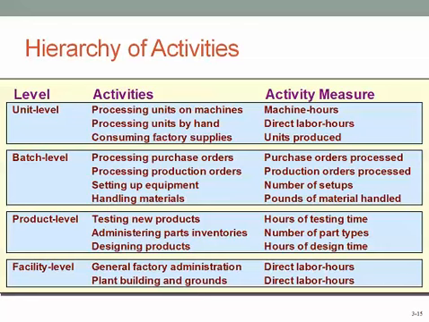Then we have product level. This would be designing new products, testing new products, and administering parts for new products. And then finally we have facility level. These are costs that we're going to incur that really aren't related to the number of products we have, the number of batches we have, or the number of units we produce.